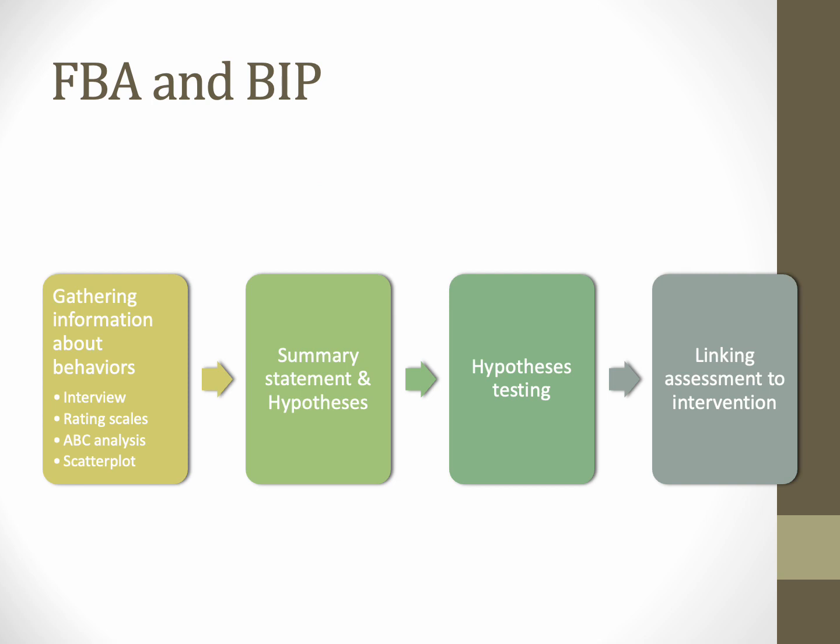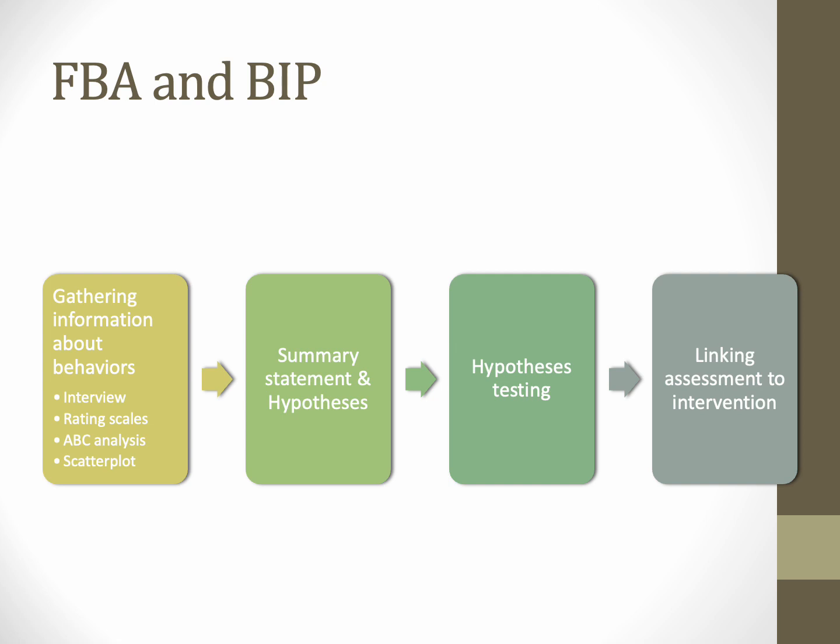Let's review the process of FBA and BIP. So you need to gather information about the challenging behaviors. So you can do interview, or you can use rating scale, or you can do ABC analysis, or scatter plot. And then you will come up with summary statements.